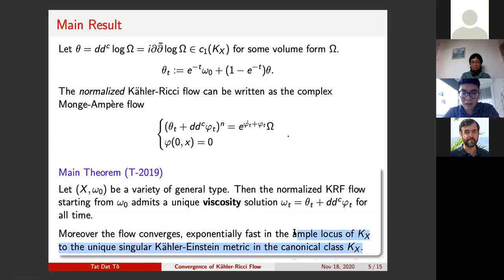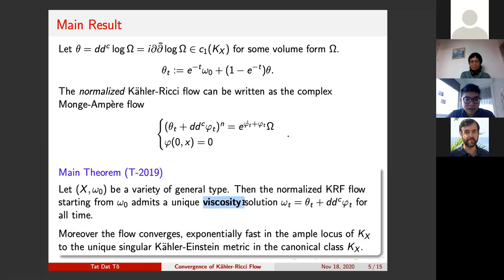So it should be the weak version of the result of Cao, in the case where K_X is ample, and also the result of Tsuji as well. But of course, I must prove the convergence results in the weak sense.